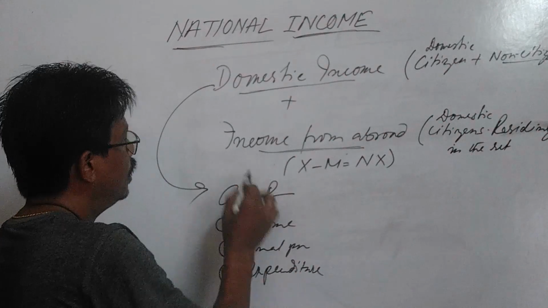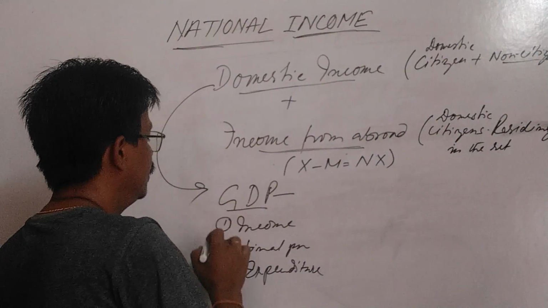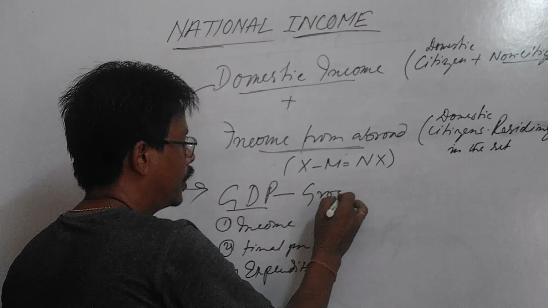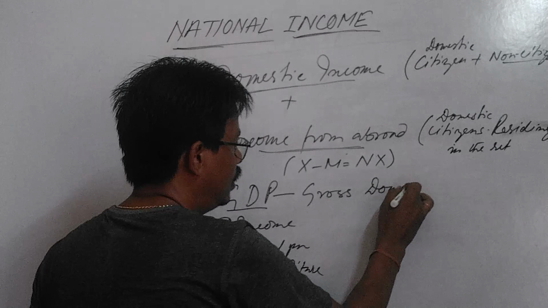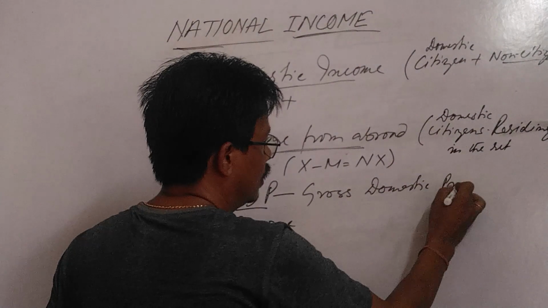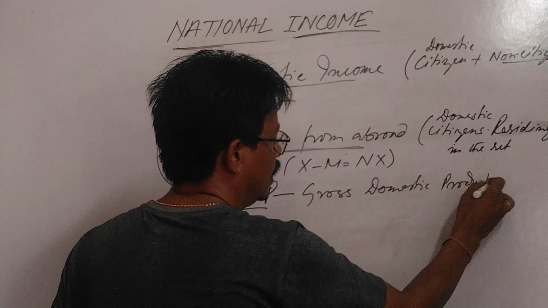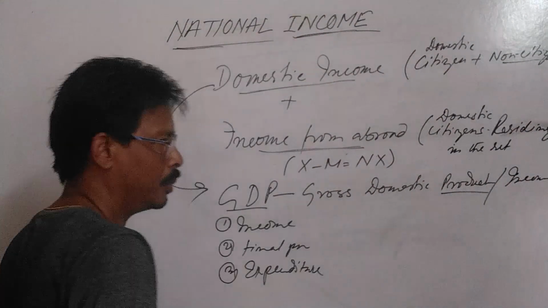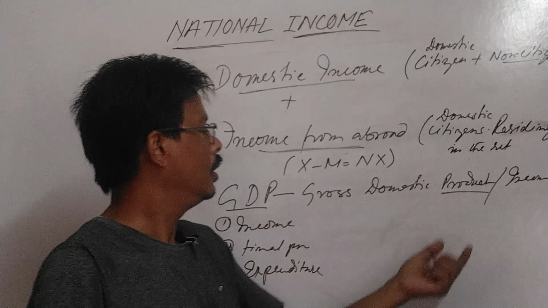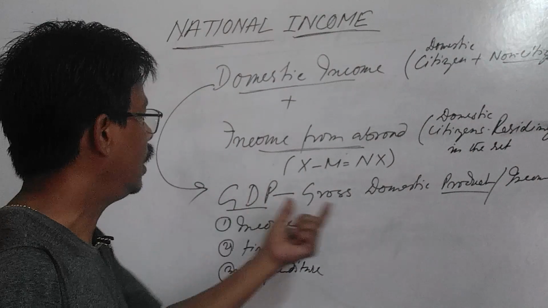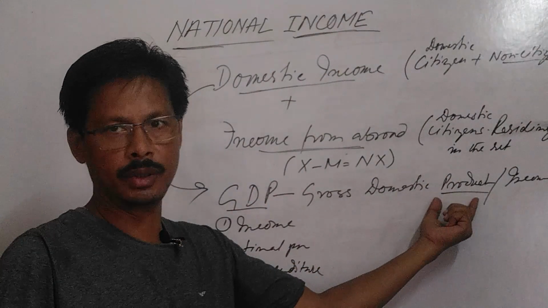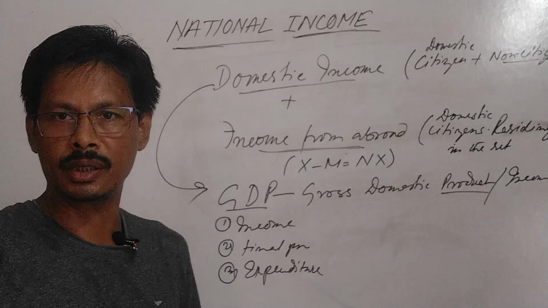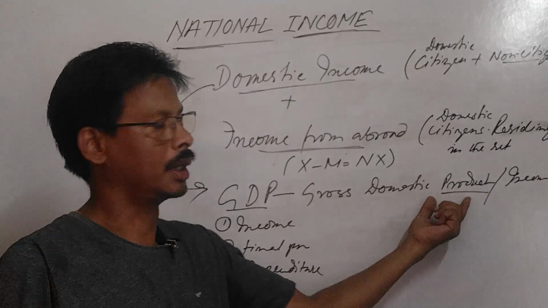Means GDP or domestic income may be calculated, written as GDP, means gross domestic product. There is no confusion about product and income. There is no difference, product and income. You may use the term income, but normally we do not use the term income, because we first have to calculate the number of goods and services produced, and then we take the money value of the total amount of goods and services which are produced.